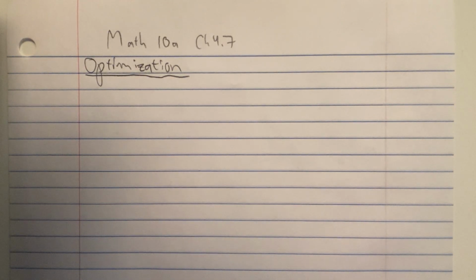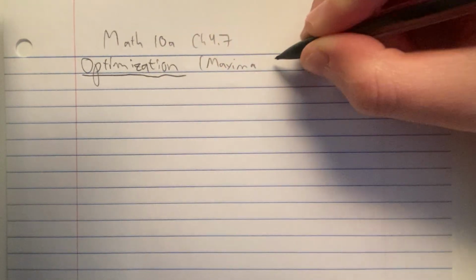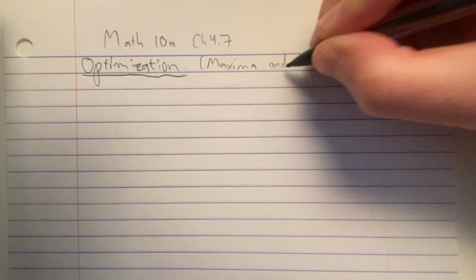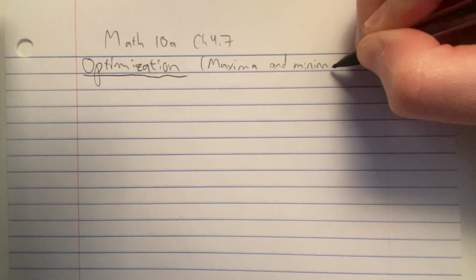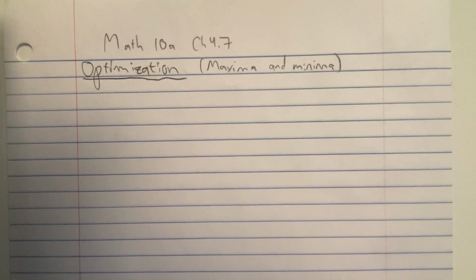Today we're going to learn about optimization. Optimization is finding maxima, or maximums, and minima. This is something that you might want to do if, for instance, you're a business and you're trying to maximize profits, or find the strategy that has the minimum costs.